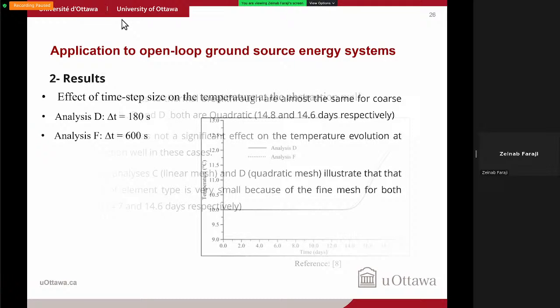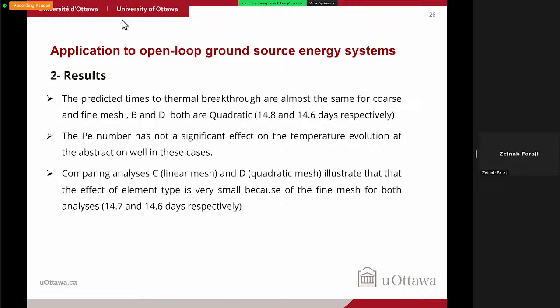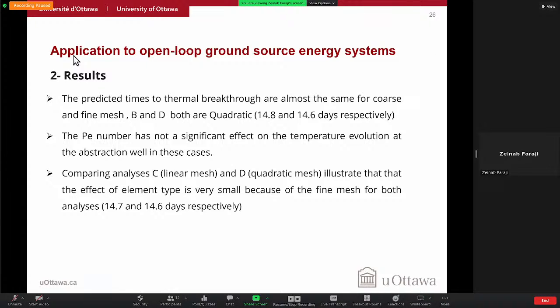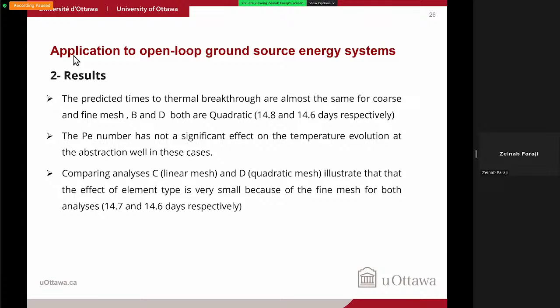To summarize, referring to the previous charts, these conclusions can be drawn. The predicted time to thermal breakthrough is almost the same for coarse and fine mesh. For example, B and D were both quadratic, and you can see the times are almost the same.